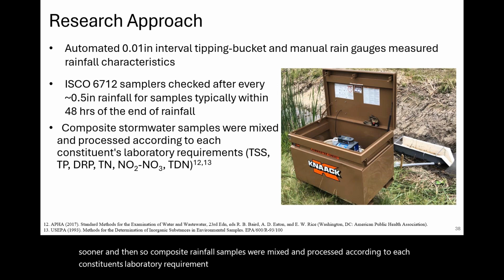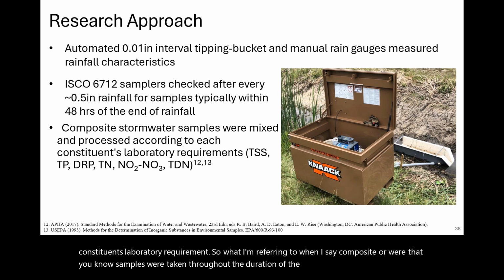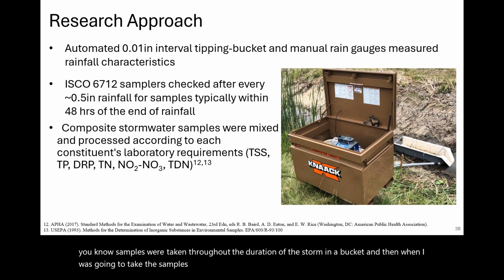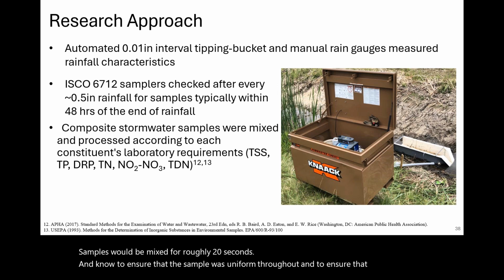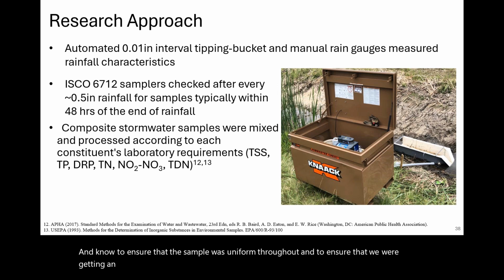What I'm referring to when I say composite is that samples were taken throughout the duration of the storm in a bucket, and then when I was going to take the samples, they would be mixed for roughly 20 seconds to ensure that the sample was uniform throughout, and to ensure that we were getting an average storm sample each time.